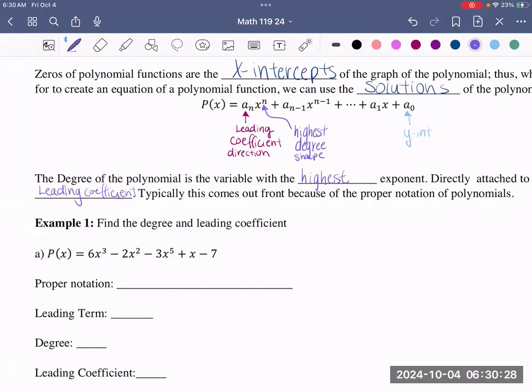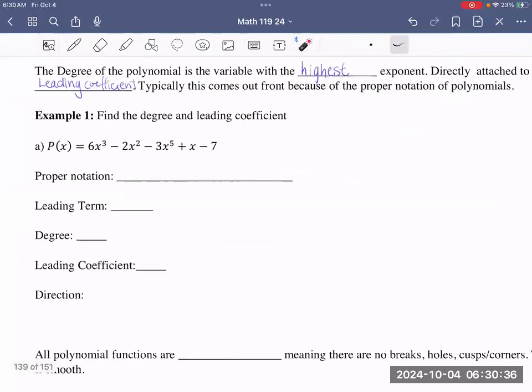Sometimes if I'm trying to figure out if you know what the highest degree is, I might tuck this into somewhere in the polynomial itself to see, can you actually pick it out? So giving example 1, can you find the degree and leading coefficient of the polynomial? See if you can pause the video, put it into proper notation, and then answer the following few questions.